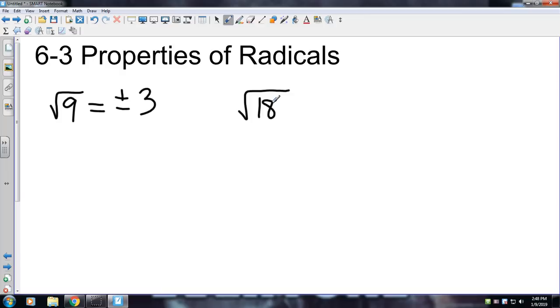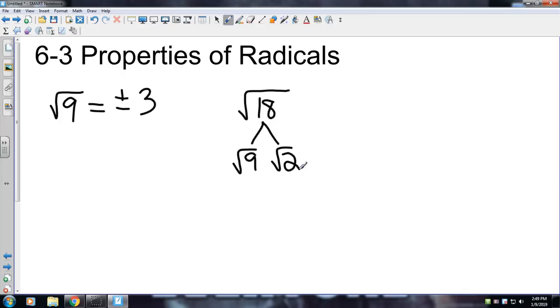So there's not a number that multiplies by itself to get 18. However, what if I did like we used to do with our factor trees, and I took factors of 18? Are there any factors of 18 that might be perfect squares? Well, in this case, we know that 9 times 2 is 18. So radical 9 times radical 2 is radical 18.